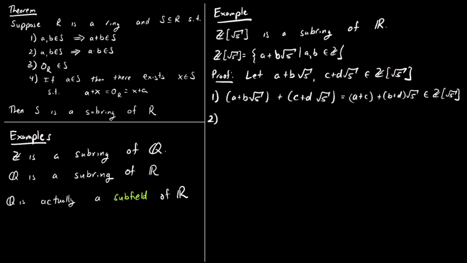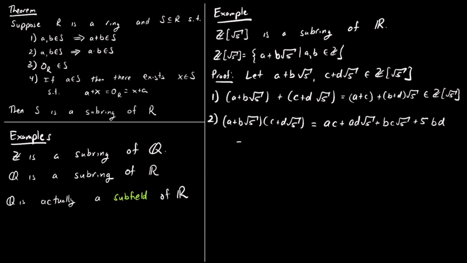Let's check condition 2. For condition 2, we have to multiply these. So if I multiply these 2 elements together, let's see what I get. Let's be careful here. This is going to be AC plus AD root 5 plus BC root 5 plus 5BD.